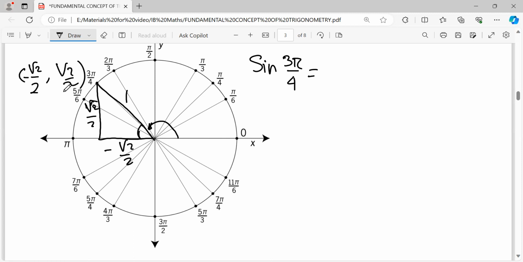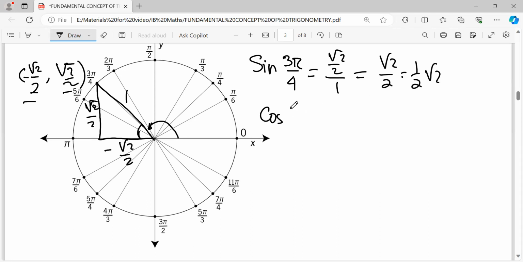This is actually the sine values, and this one the cosine values. Square root 2 over 2 over 1 equals square root 2 over 2, or a half square root 2. And cosine 3 pi over 4 equals minus square root 2 over 2 over 1 equals minus square root 2 over 2, or minus half square root 2.